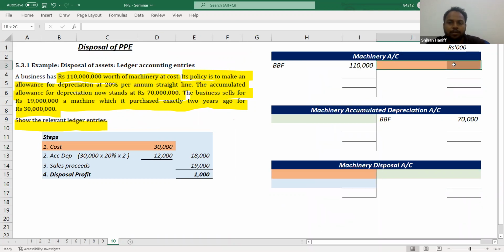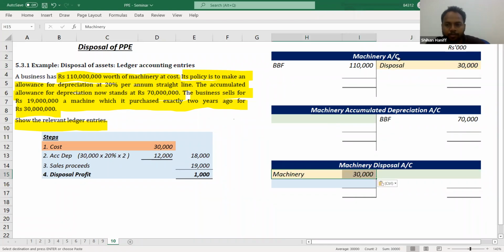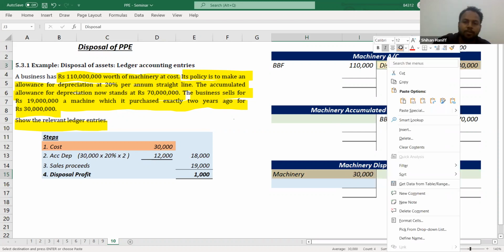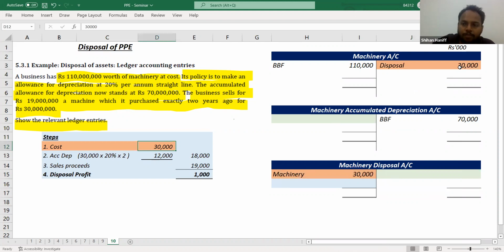This cost should be transferred from the machinery account to the disposal account. Machinery account credit 30,000, disposal account debit 30,000. That's the double entry.